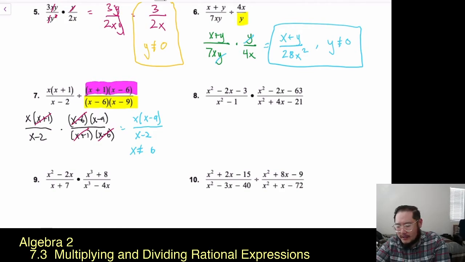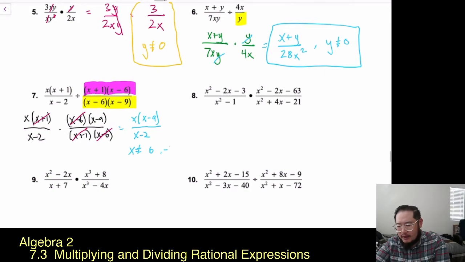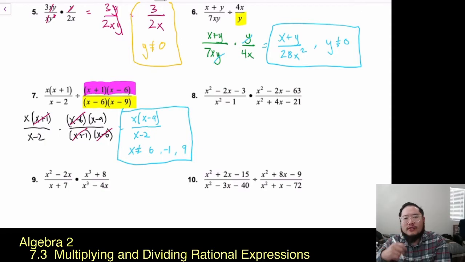So that means x cannot equal negative 1. And then also, remember, in the denominator we have x minus 9, but now it's in the numerator. So we must also say that x cannot equal 9. All right, and so there you have it. We have a bunch of restrictions, and we now have our final answer.